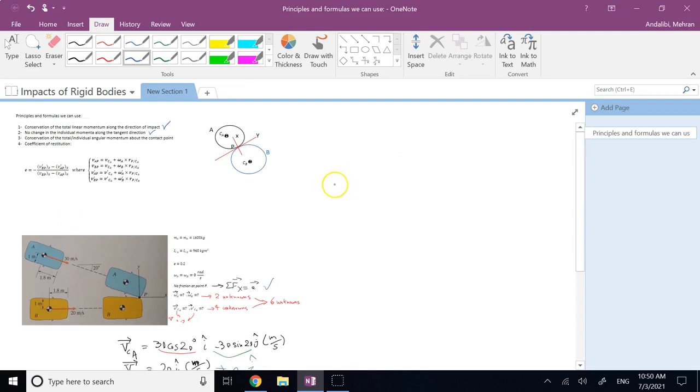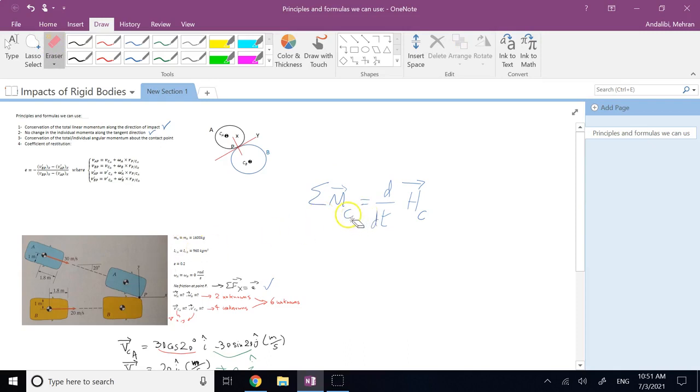In general, for any object, you can write that the sum of the moments about, let's say, the centroid is equal to the time derivative of the total angular momentum of that single part about the centroid, right? You know it from previous videos.